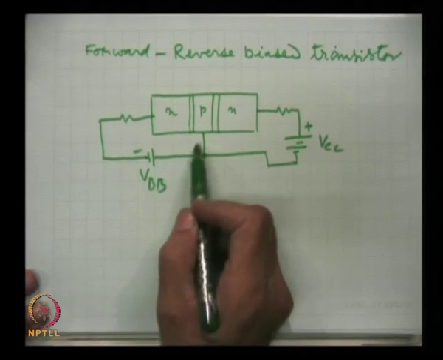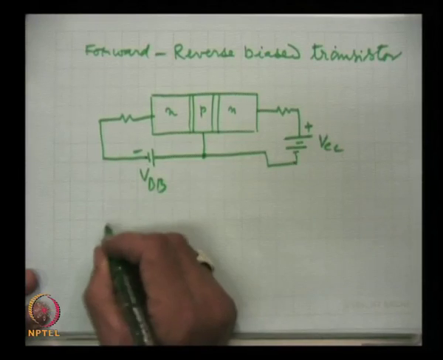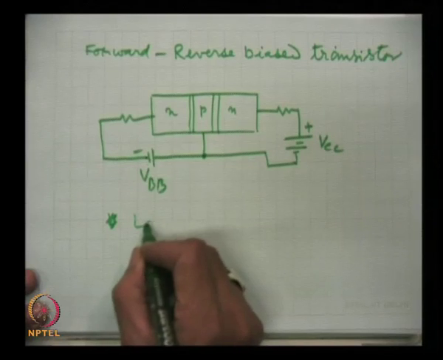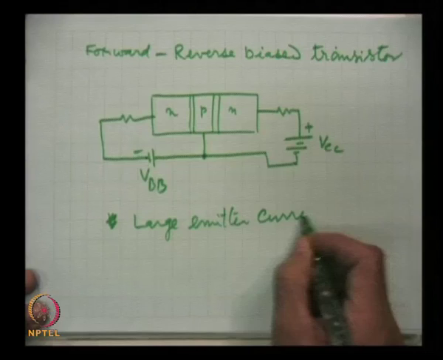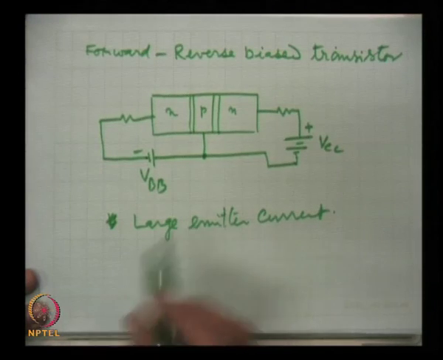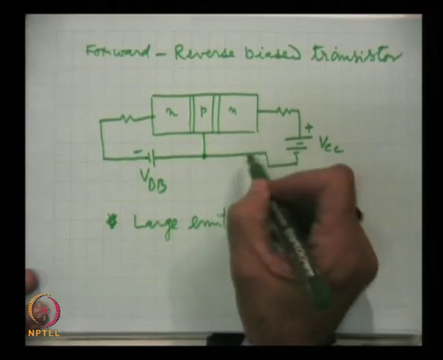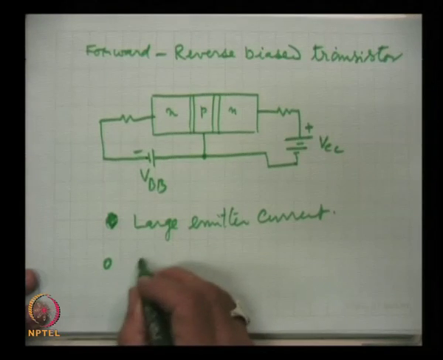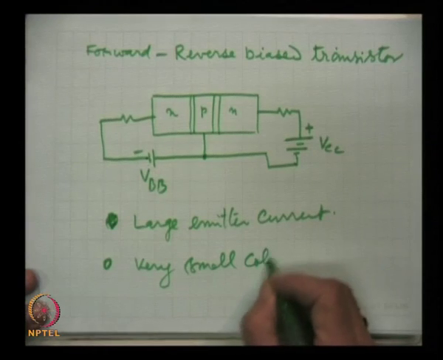What we expect in the emitter circuit, since the emitter junction is forward biased, is a large emitter current, and with the collector junction being reverse biased, we expect a very small collector current.